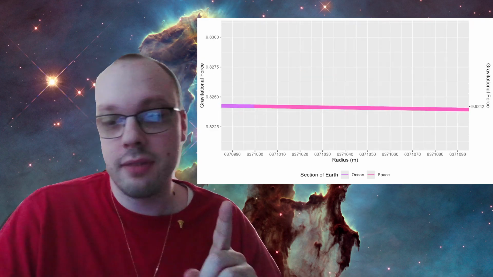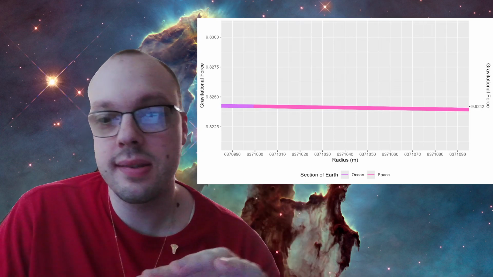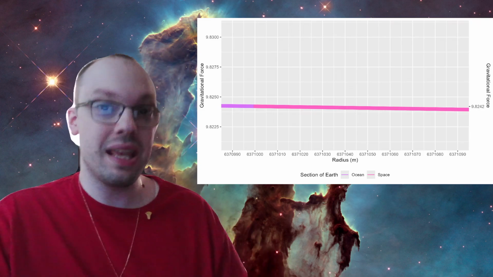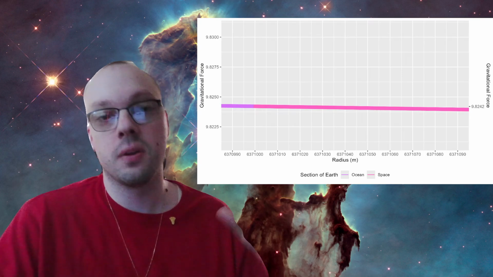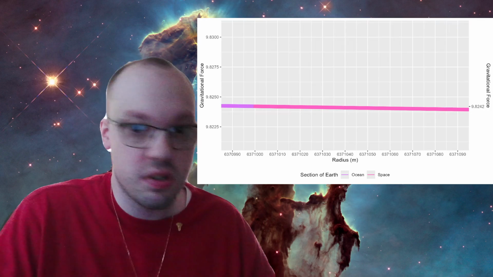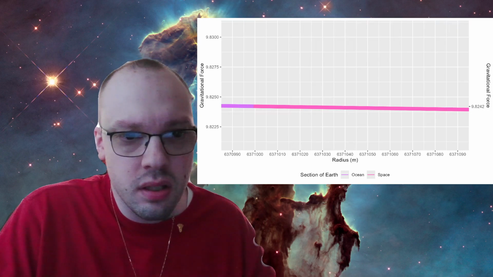Now this graph is a little different. Basically, I just extended out the distance to be about 90 meters above the surface. But it's starting 10 meters in, so we're actually looking at 100 meters from one side to the other. Okay? And the transition from ocean to space, and I think it is explained... no, it isn't.